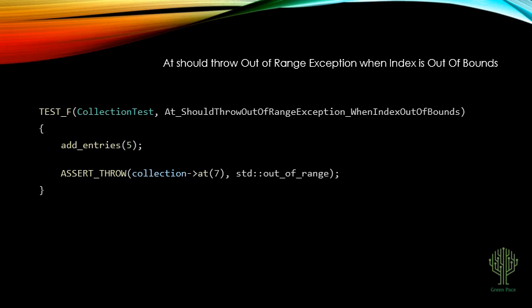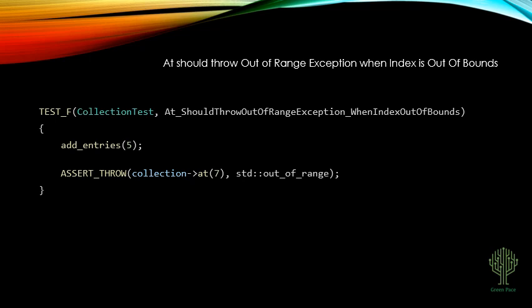Begin talking about unit testing. First test we'll go over is the at should throw out of range exception when index is out of bounds test. This test asserts that an out of range exception will be thrown when the at method tries to access an index that does not exist.